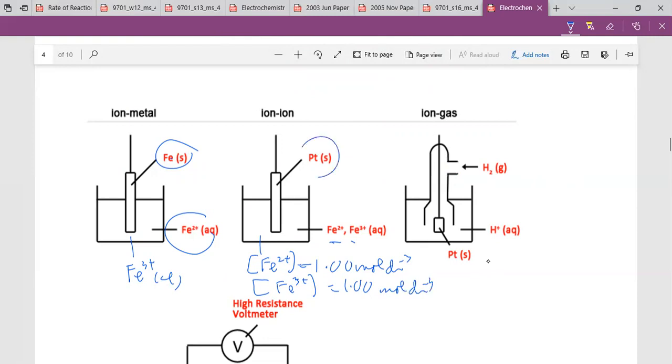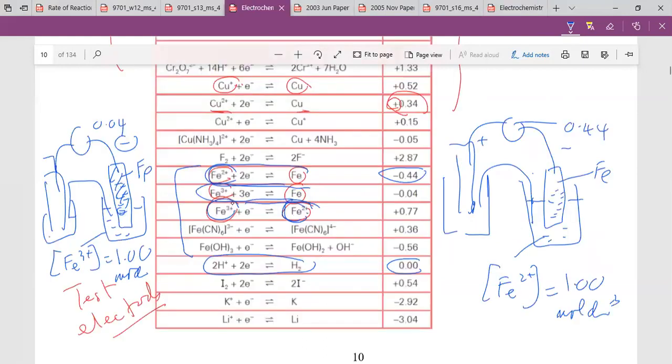And platinum here; platinum is neutral. Same thing now: I connect it to my hydrogen electrode with the voltmeter, put a salt bridge here, then measure. Of course there will be a transfer of electrons here. The reading is plus 0.77.